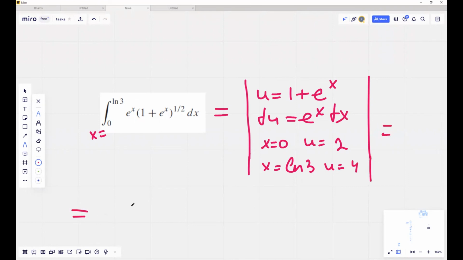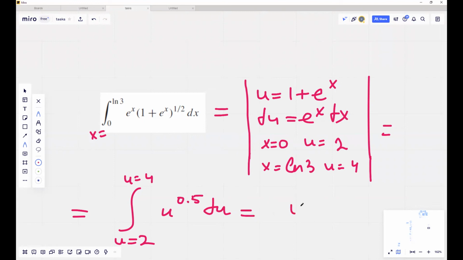So our boundaries will change from x is equal to 0 to x is equal to ln 3, to u is equal to 2 to u is equal to 4. And our integrand is then transformed into u to the power of 0.5, and e to the power of x dx is replaced with du.